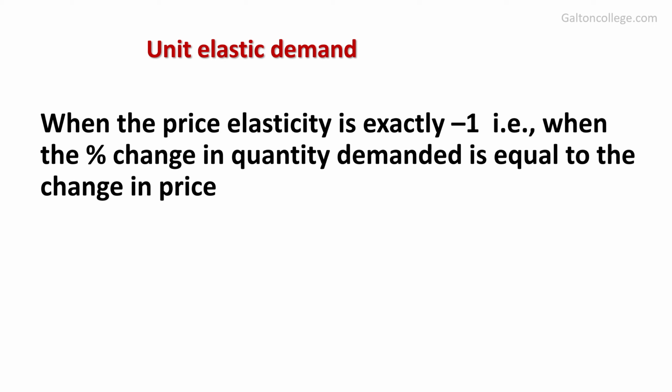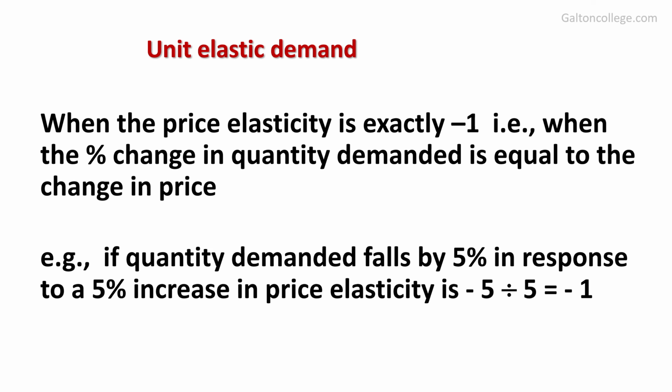When the price elasticity is exactly -1, the percentage change in the quantity demanded is equal to the percentage change in price. Let's say the quantity demanded falls by 5% in response to a 5% increase in price, then we have this -1.